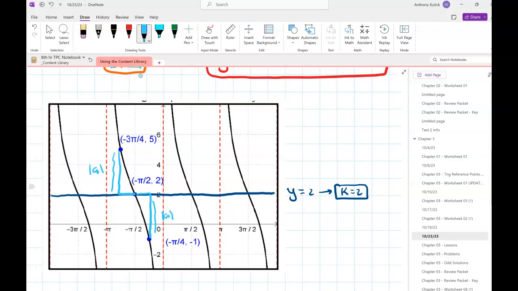Everybody's okay with that? What is that distance there for a? We're going from 2 up to 5. How far is that? 3. So that tells me the a value should be plus or minus 3.